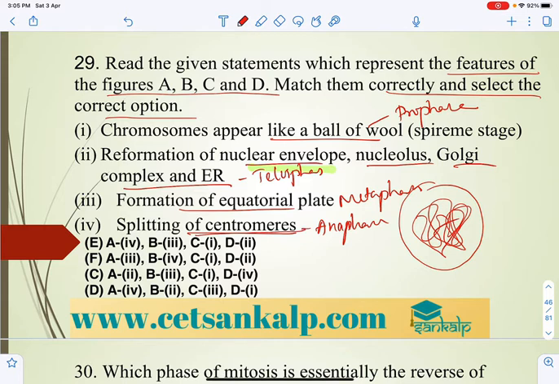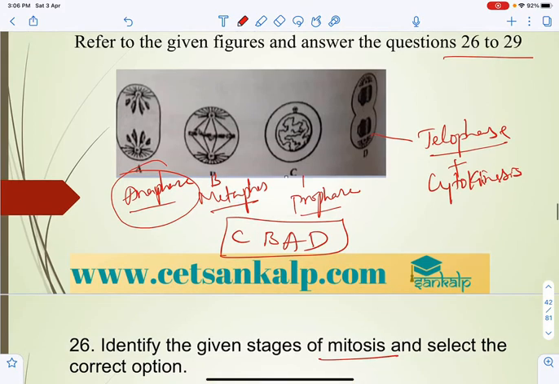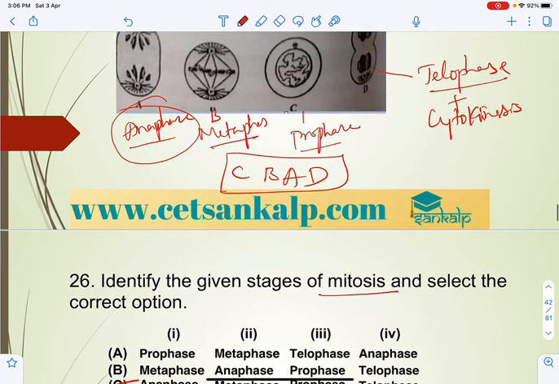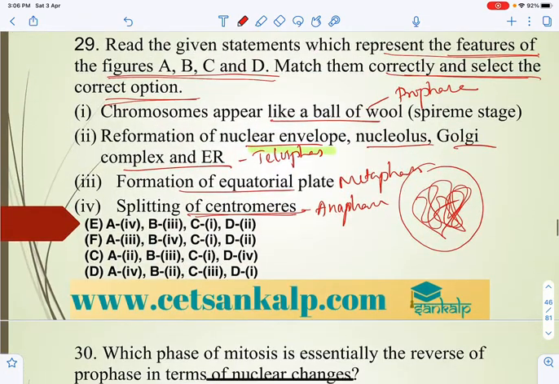So read the statements which represent the feature of figure ABCD, right, and match them correctly and select the correct option. So, the ABCD diagram. Let's take options here. Splitting of centromere in anaphase.